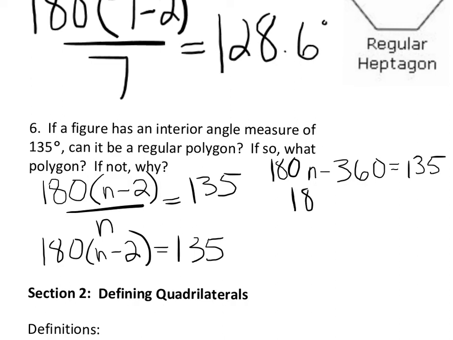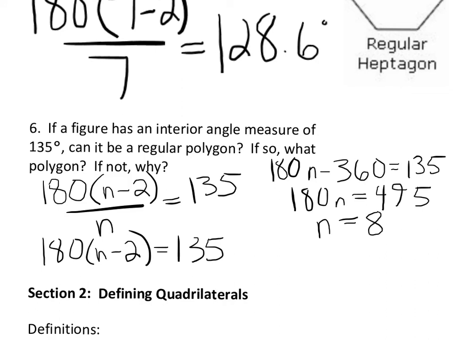I'd add 360 to both sides to get rid of it on the left, which would leave me with 495. And then if I divide 495 divided by 180, I'm going to get n equals 8.